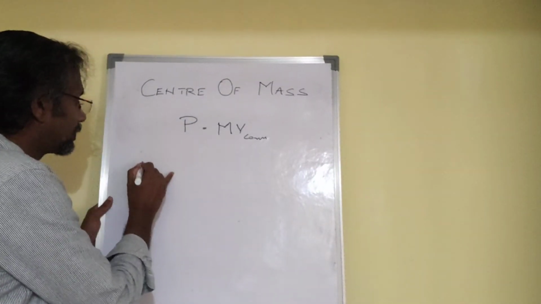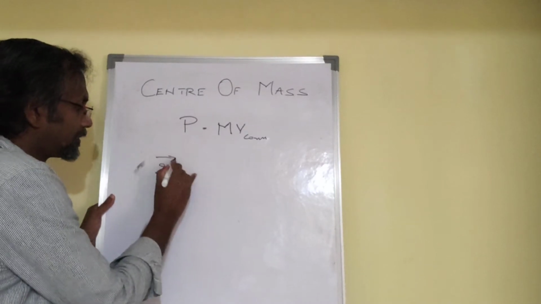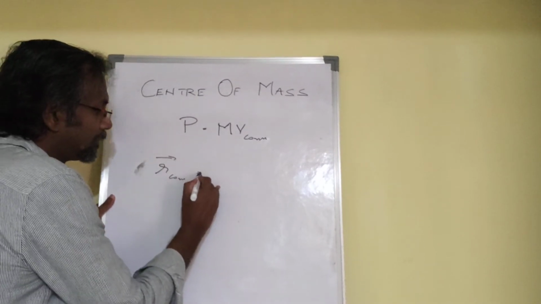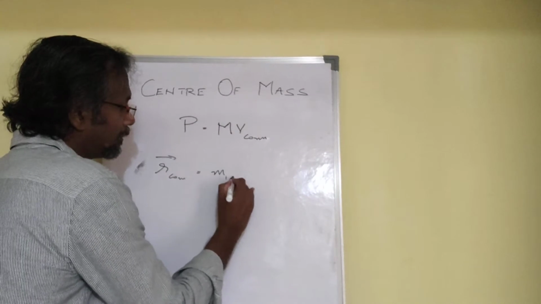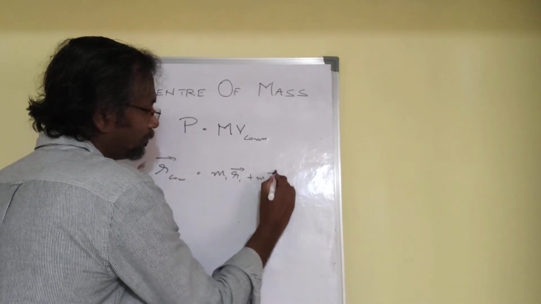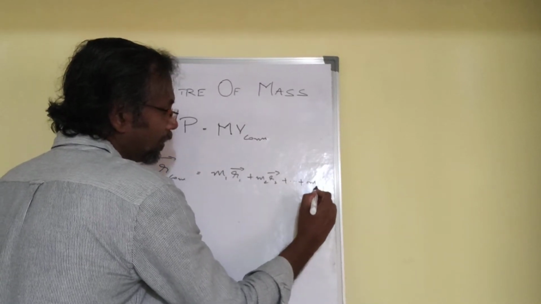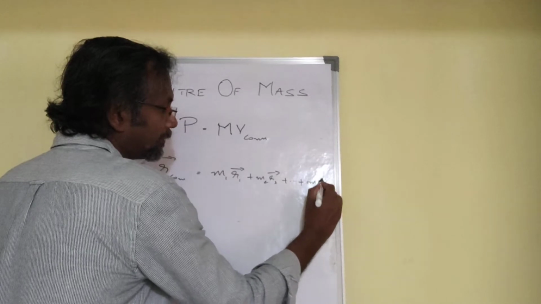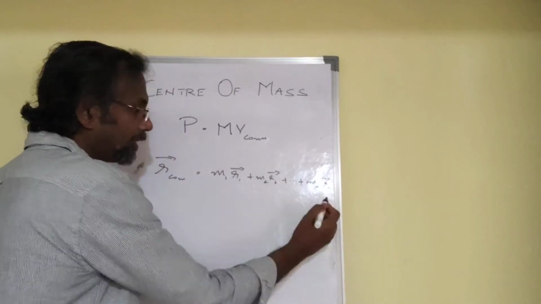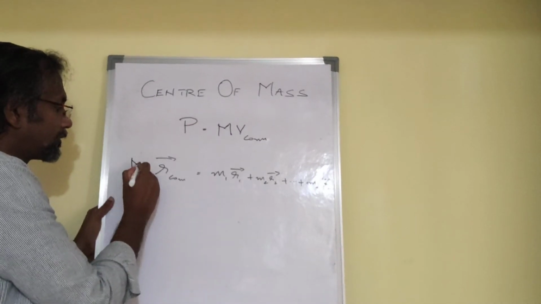If we consider the position vector of the center of mass, it is equal to m1r1 plus m2r2 plus the sum of mass times position vector of all the other particles making up the system, divided by m1 plus m2 plus mn, which is capital M, the mass of the whole system.